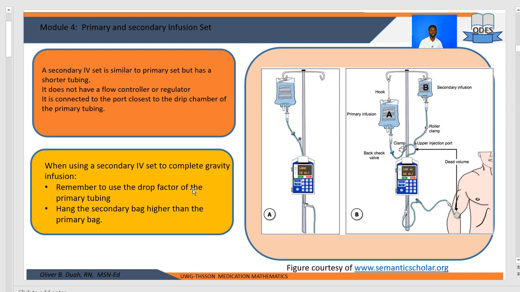When using a secondary IV set to complete gravity infusions or even in the pump, always remember to hang the bag higher than the primary bag so that you'll have the flow from the secondary bag.